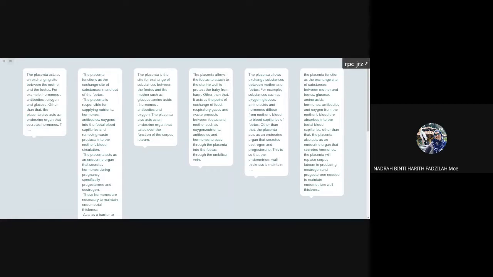Okay. For the next part, kita nak tengok formation of twins ya. Jom kita tengok formation of twins. Kita review balik formation of twins.